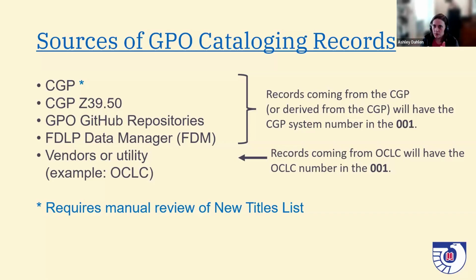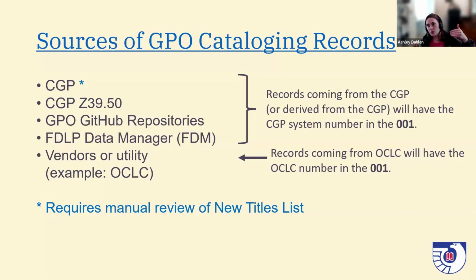There's some monthly records. There's the entirety of the CGP. If you wanted to download the entire CGP, you could. They're available in GitHub. Those are extracted from the CGP. There's FDLP Data Manager, or FDM. That's a newer tool that we rolled out last year. It has the entire CGP loaded in it too. So the first 4 bullets are all CGP or derived from the CGP, and those are GPO records, okay?